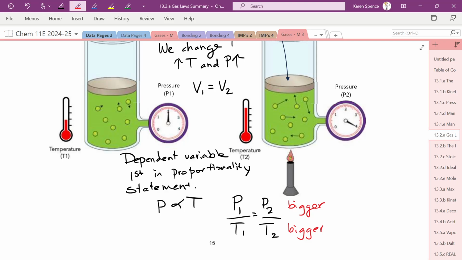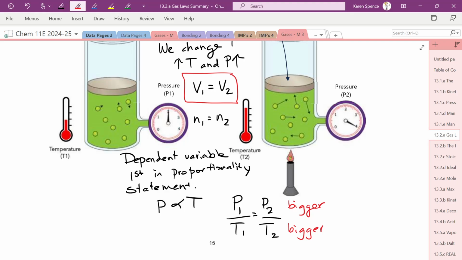So for all of these, we have to keep everything constant except for the one thing that we are changing. So we kept V1 and V2 the same. We also kept N1 and N2 the same. What are N1 and N2? Number of moles.